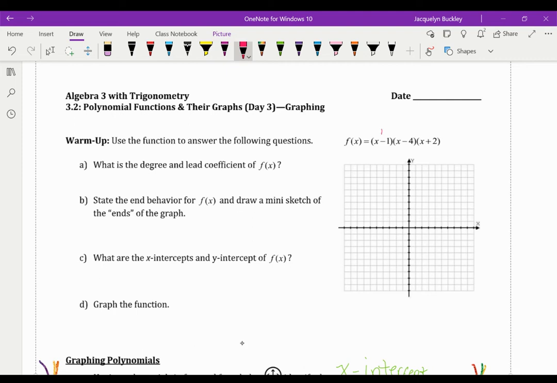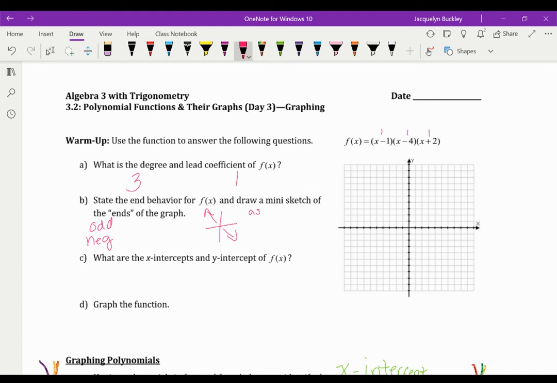So my degree, 1, 2, 3, is 3. My leading coefficient is 1. The end behavior, well, I have an odd and I have a negative. So my end behavior is going to be like this. Okay, there's my mini sketch.